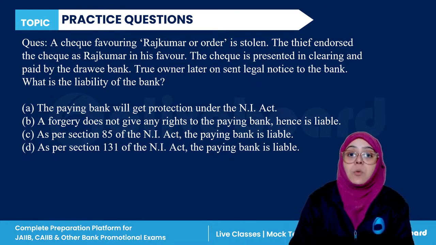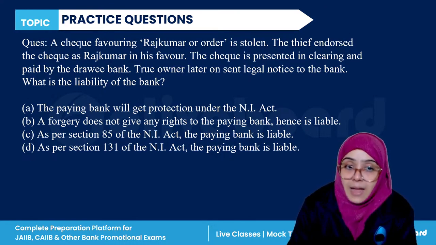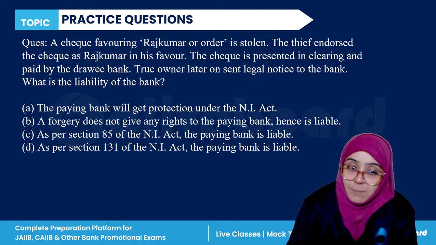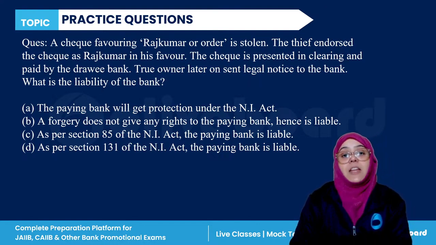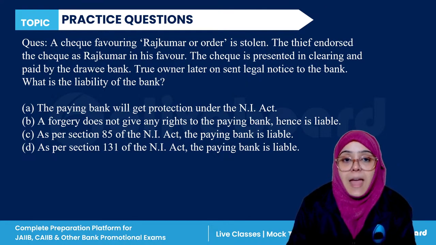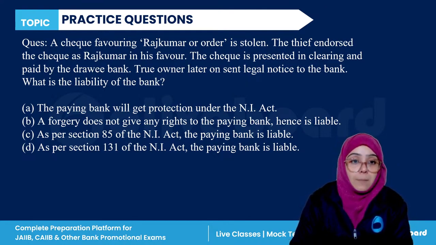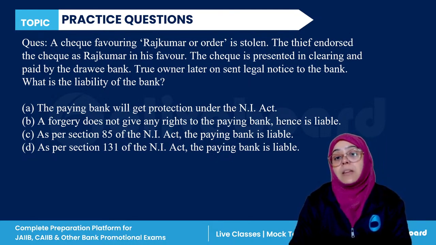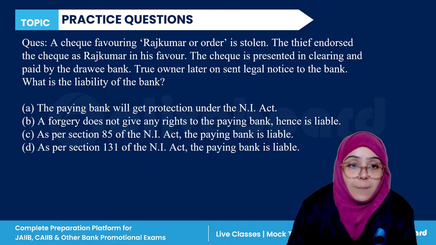The paying bank will get protection under the Negotiable Instrument Act. A forgery does not give any right to the paying bank, hence it is liable. As per Section 85 of the Negotiable Instrument Act, the paying bank is liable. Or as per Section 131 of the Negotiable Instrument Act, the paying bank is liable.